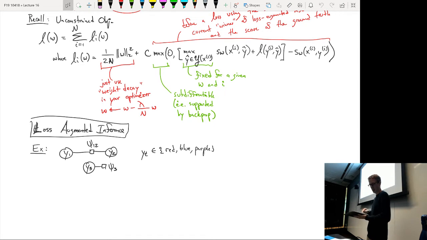And the first thing that we're going to assume is that our probability factorizes according to this graphical model.